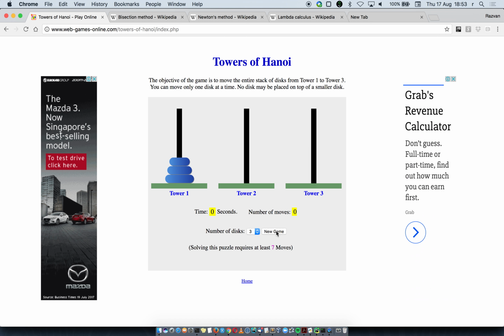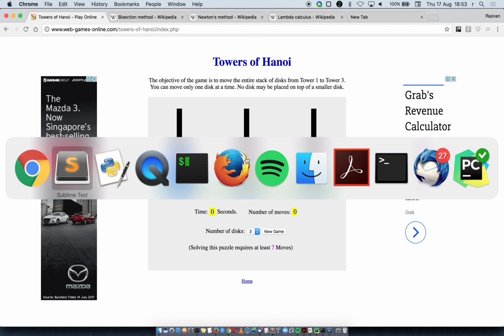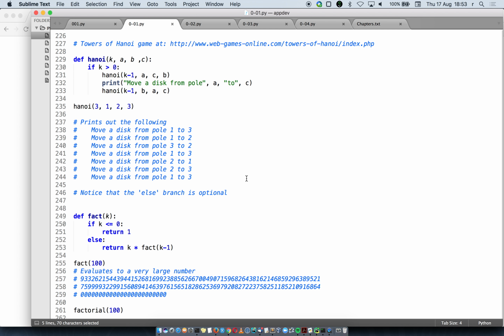If I were to move them to the middle pole, how difficult would that be? Same. Let me show you where I'm going with this solution. Eventually, I don't want to animate the moves because that would be too complicated at this level. I just want to print the sequence of steps, right?